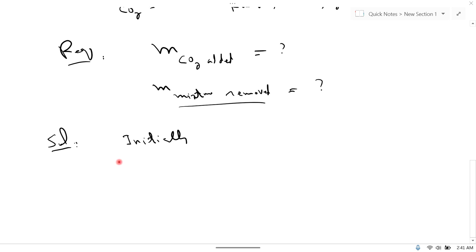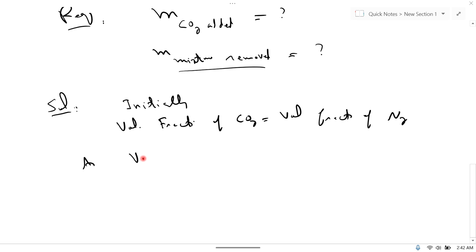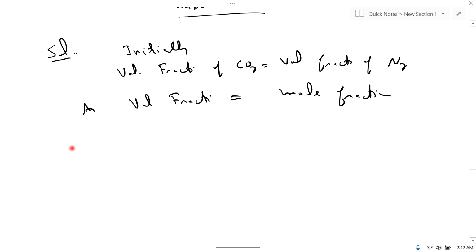Initially, the volume fraction of CO2 is equal to the volume fraction of N2, and as volume fraction is equal to mole fraction, the mole fraction of nitrogen is equal to the mole fraction of carbon dioxide, which is equal to n by 2.